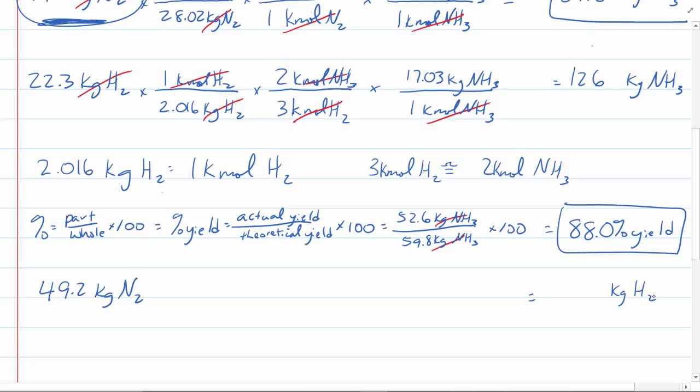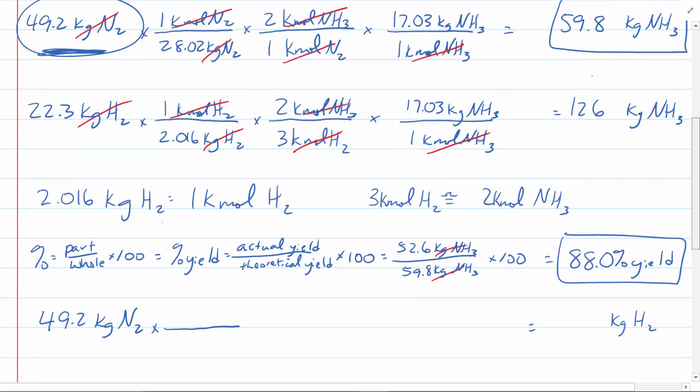And so if this reacted, we should be able to find out the mass of the hydrogen that reacted as well. So with this here, we go ahead and take our kilograms of N2 and we convert this to kilomoles. We found out that for every 1 kilomole of N2, we have 28.02 kilograms of N2.